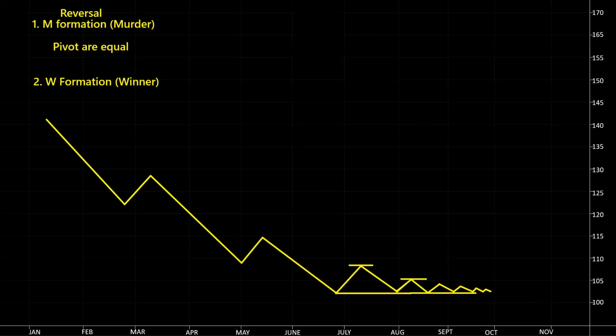Now, if we don't see the decrease in resistance, but we see it work back up into the upper levels of resistance, now what do we have? We have the W formation because the story is now one of neutrality.